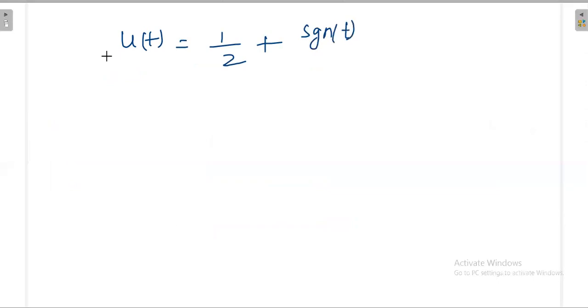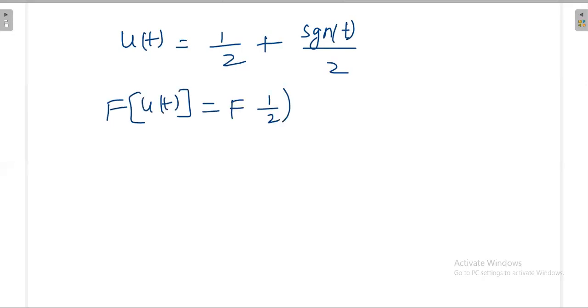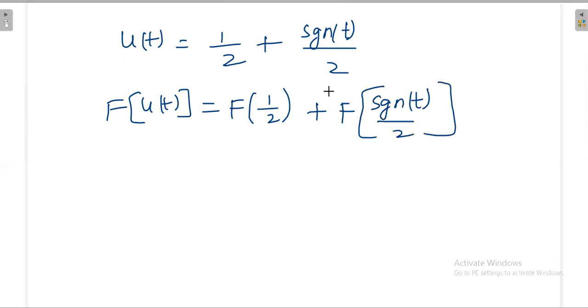So again, the Fourier transform of u of t is equal to the Fourier transform of 1 by 2 plus the Fourier transform of sgn of t divided by 2, since that's a constant. We know the Fourier transform of the signum function is 2 by j omega. Again, this 2 is there, so that's why this is 1 by j omega.